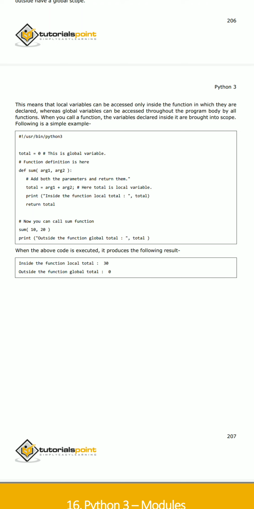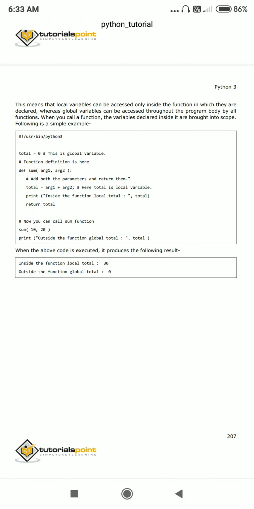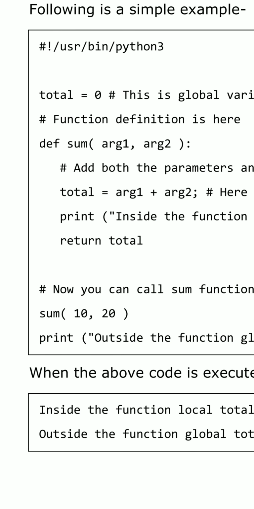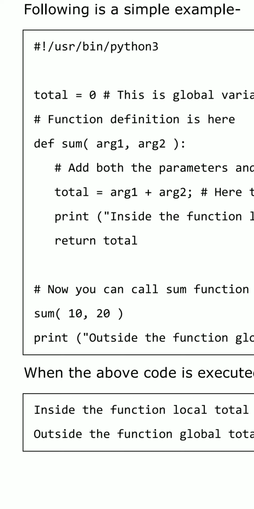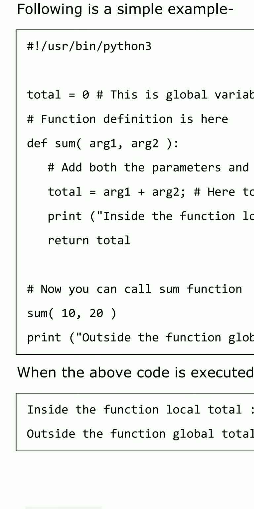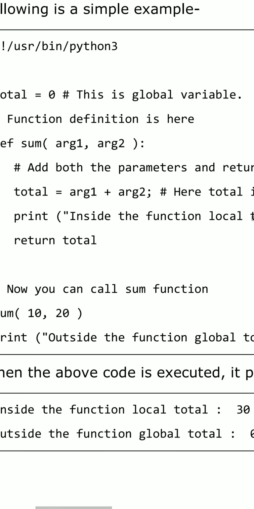Total is declared as 0, total = 0, before the start of the function definition. It is called a global variable, because total is assigned the value 0 before the function block.